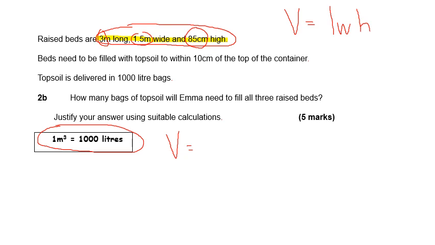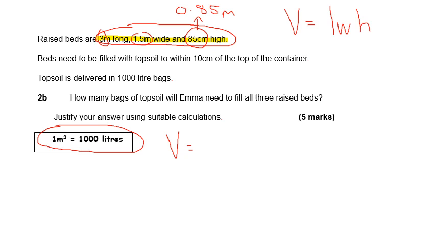And as we did previously in lessons to do with measurement, you can't get areas or perimeters or volumes of any shapes unless all sides are in the same unit. So we need to change 85 centimeters into meters. That's the first thing we need to do. So the actual height of each raised bed is 0.85 meters.